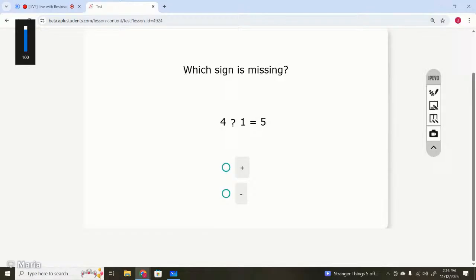Which sign is missing? That is, you are adding: 4 plus 1 is 5.